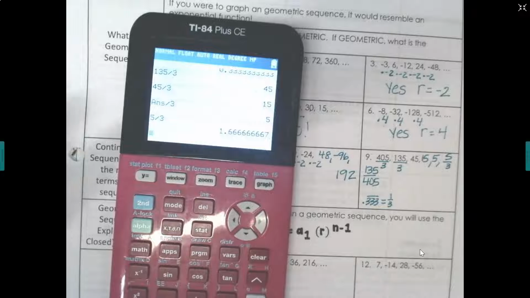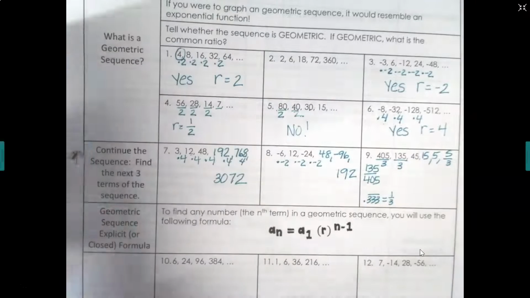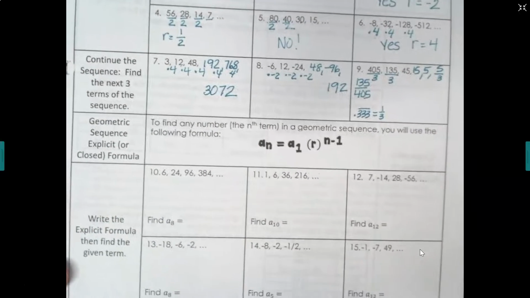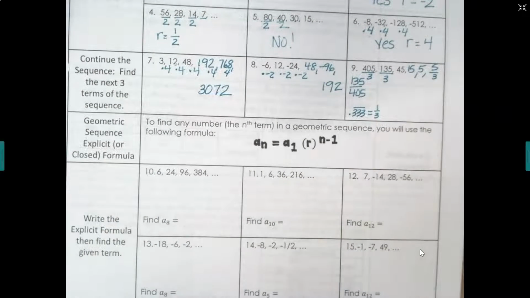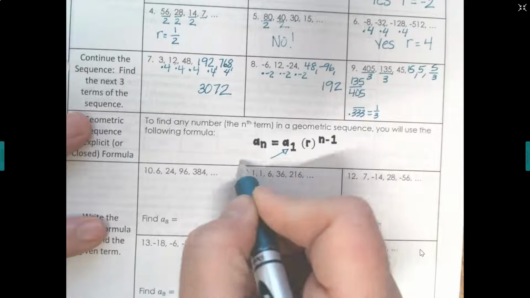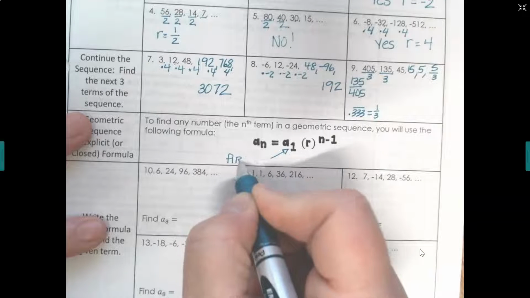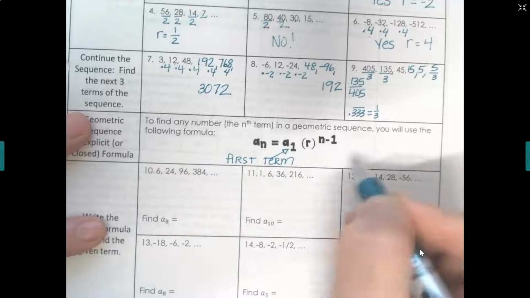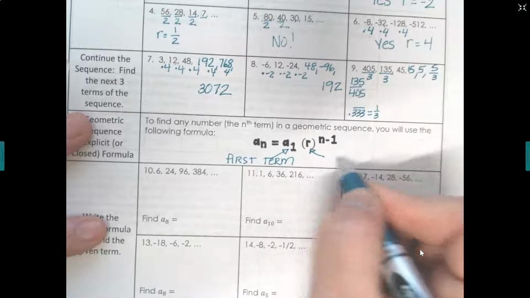All right, now we're going to learn how to write the equation. We can probably identify our pattern, so I want to move on to writing the equations. Some of this should look pretty familiar after seeing our arithmetic sequences. a sub 1 is still whatever the first term is. r is your common ratio.